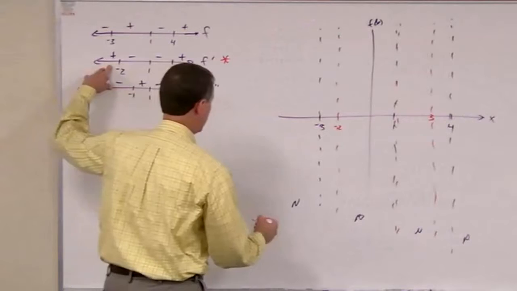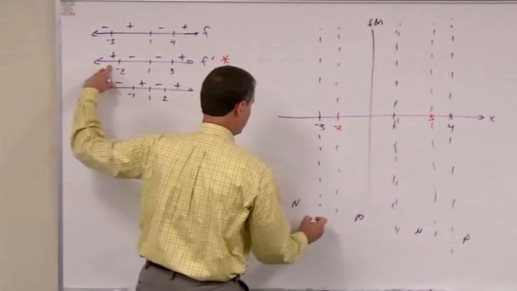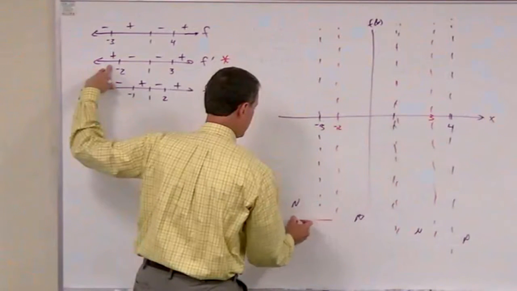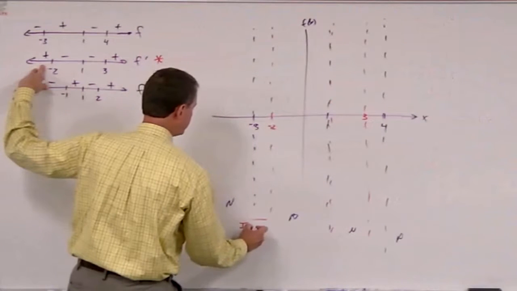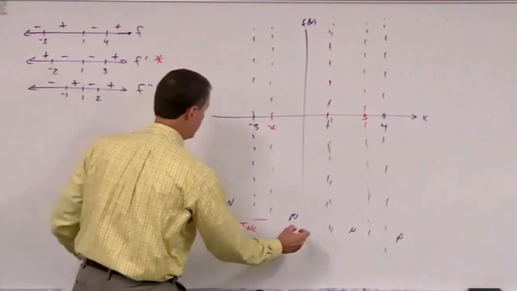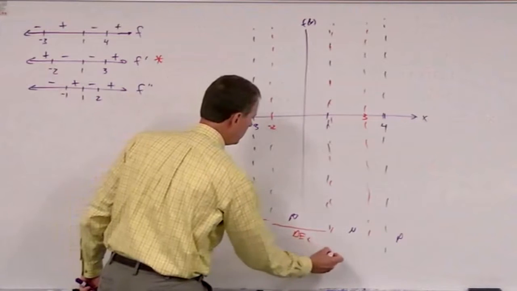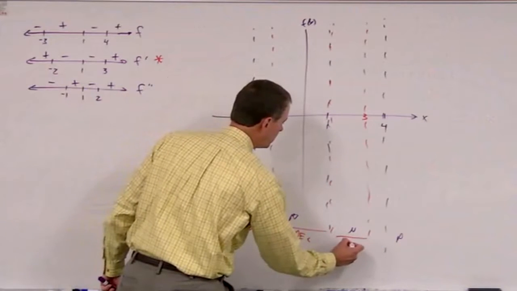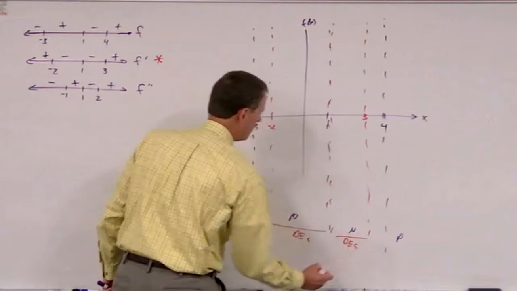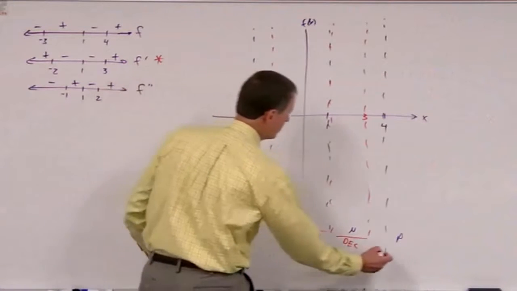So left of -2 is increasing, and then this area is decreasing, and then we continue to decrease, and then we have an increase.